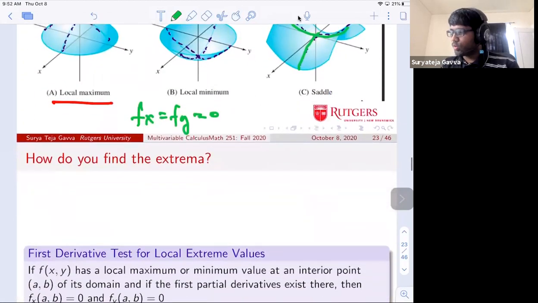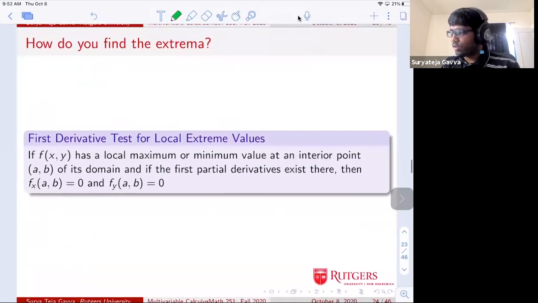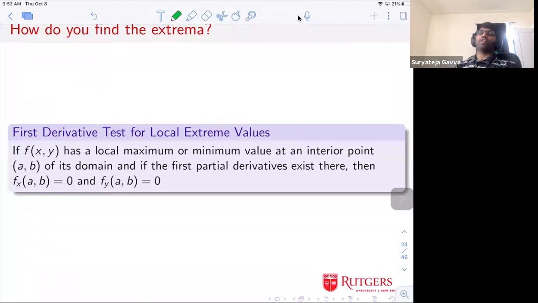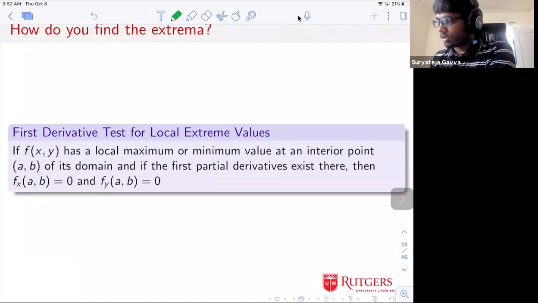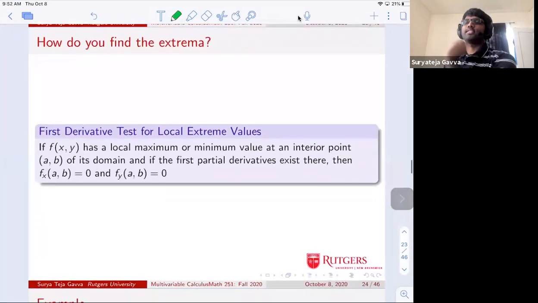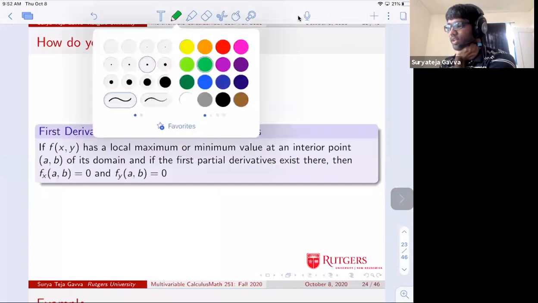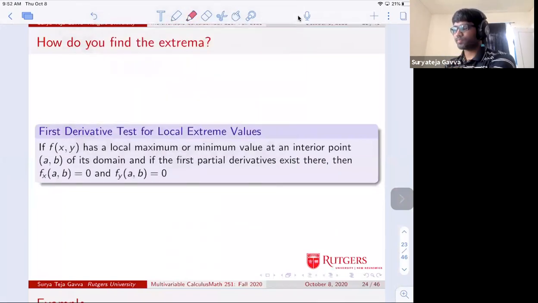So the question now is how do you find these extrema? Just like in one variable, the question is how do you find these extremum values? So it's the first derivative test. It's completely similar to the one variable stuff.